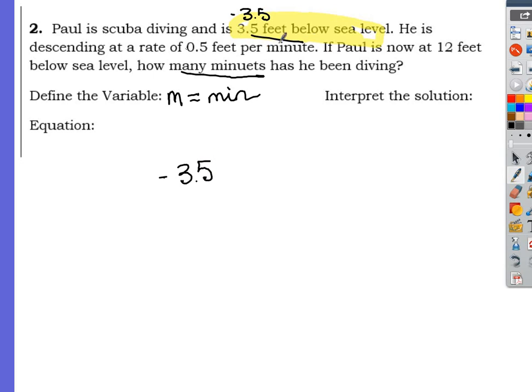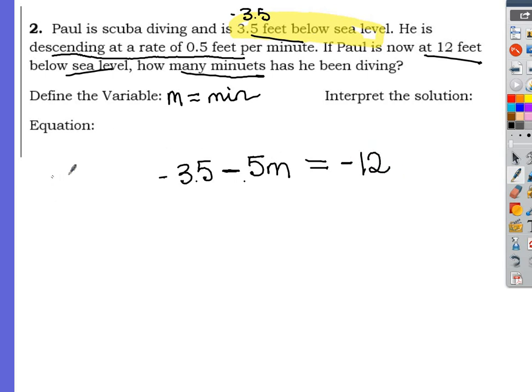Okay, he is descending. Descending means he's going down at a rate of 0.5 feet per minute. So he is going down 0.5 feet per minute. Okay, notice that 0.5 is being multiplied with m. And he is now at 12 feet, again below sea level, so we are at a negative 12 feet.